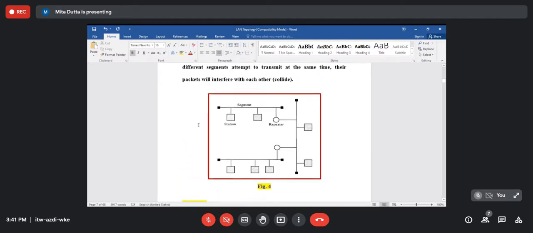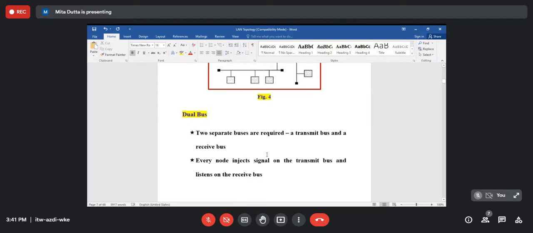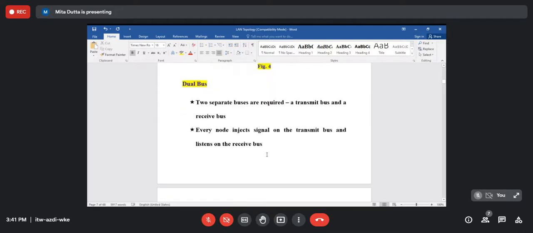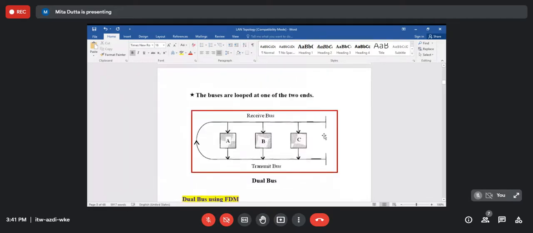Now this is how we increase the size of the LAN with the help of a repeater. Now in dual bus, we have two separate buses: one is the sending end bus, another is the receiving end bus, which we call the transmit bus and the receive bus.